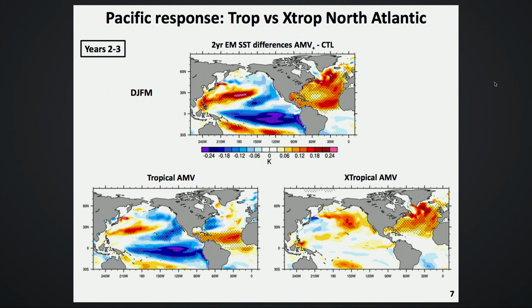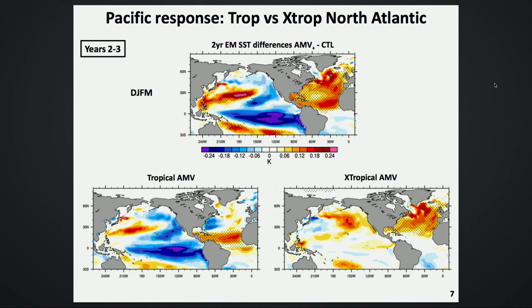As I said, we try to understand whether this influence is due to the extratropical part or the tropical part of the AMV. So we did 2 extra experiments. One where we restore only the AMV SST over the tropical part, and another where we only restore over the extratropical part.